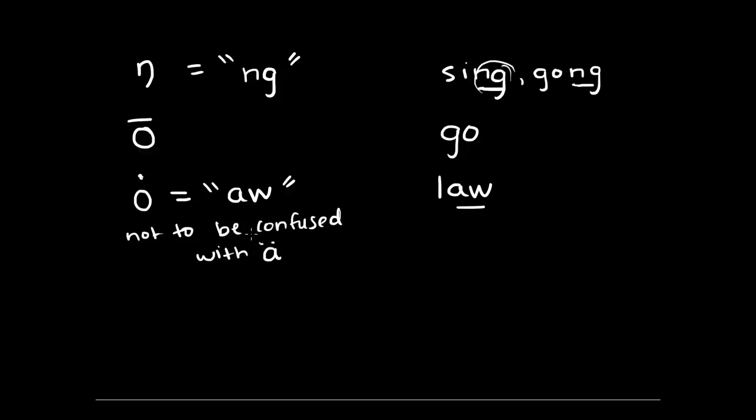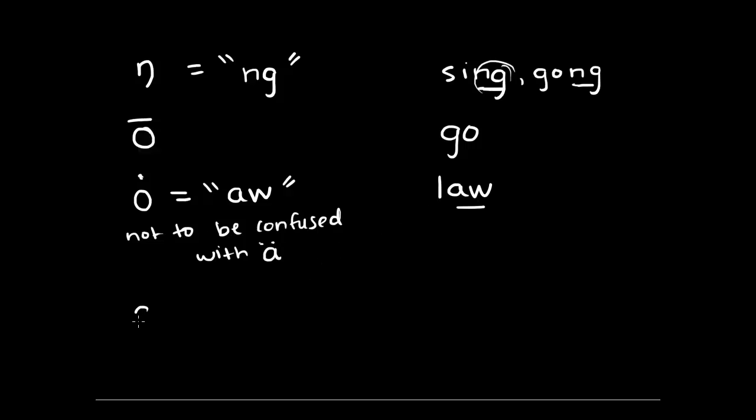That was more like ah. A lot of people, even myself, when I was studying, would always wonder what's the difference between these two? And it's such a minute difference, it's really hard to tell. So I don't think we should worry about that too much now. Just know that O with a dot over it is just aw, as in law. Okay?